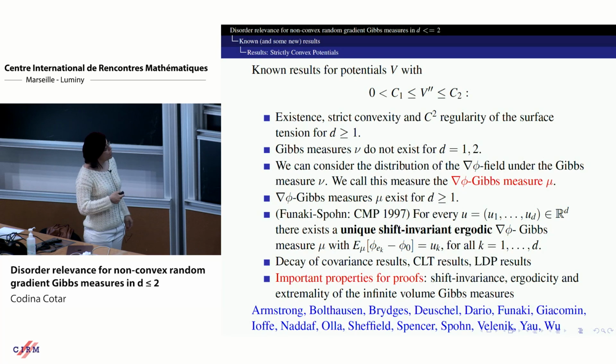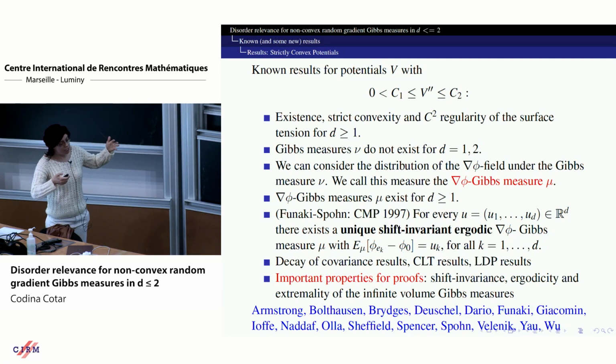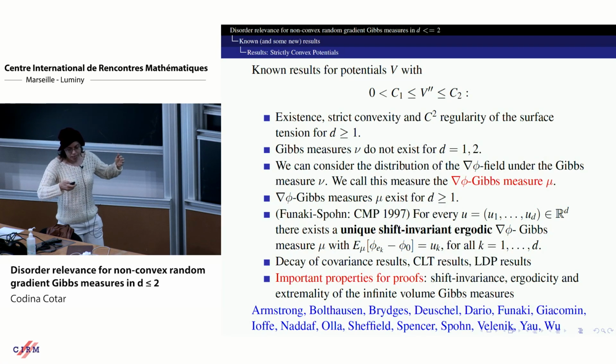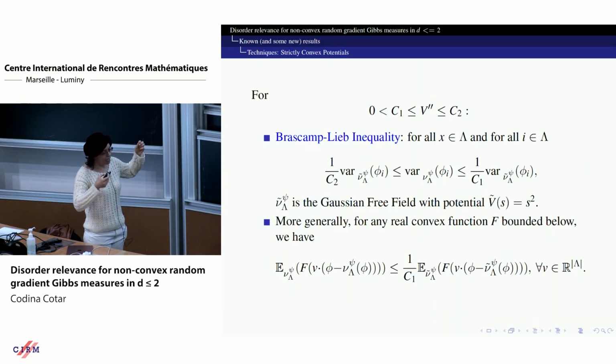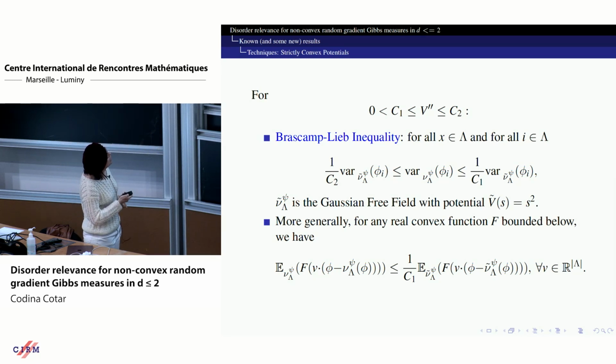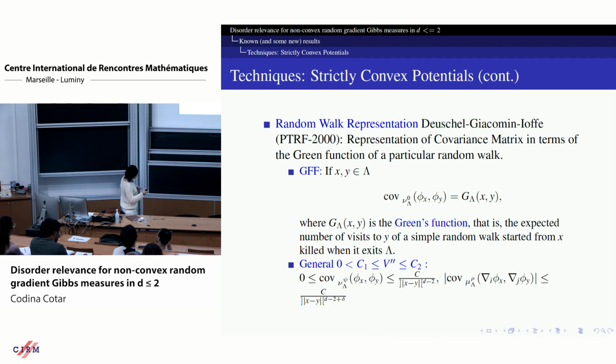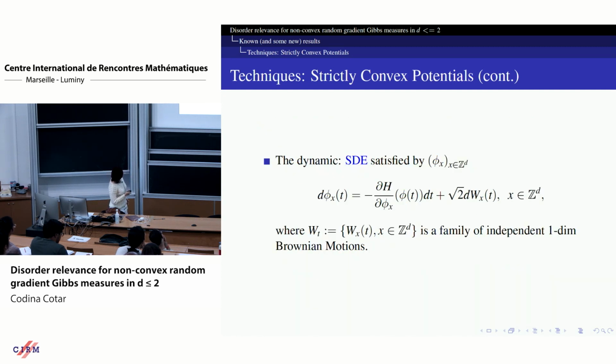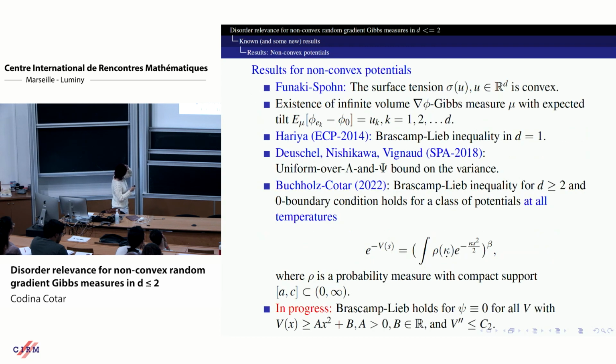Now, the way Funaki and Spohn do it, they use the fact that you have some decay of covariances. You can prove a weaker inequality than this decay of covariances, and they use this a priori to prove that you have an ergodic shift invariant gradient Gibbs measure.